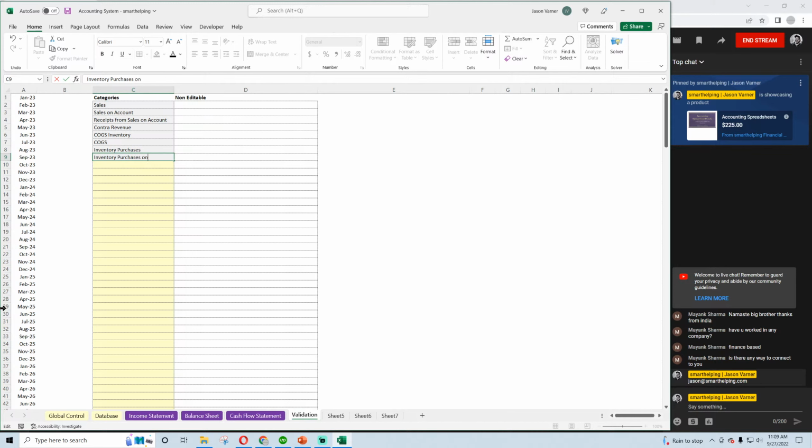So inventory purchases on account, and then the other side of it would be payments for inventory, because you could buy it on account and then pay it over time, potentially, or you could buy it all at once, which would be this. Either way, the inventory purchases or inventory purchases on account, both of these are going to increase the value of inventory, and then it only goes down when you have cost of goods sold inventory going out.